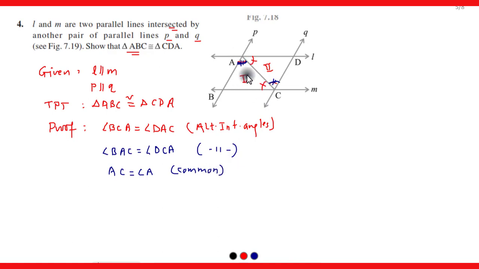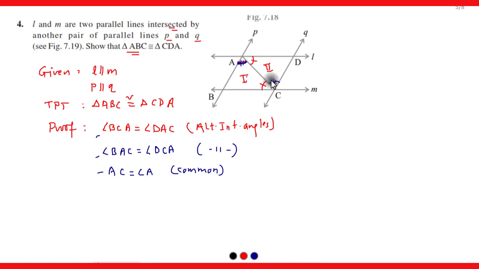This is the side of triangle 1 as well as triangle 2, and therefore AC and CA will be equal. So here we have proved that these three pairs of parts of these two triangles are equal, and therefore we can say that triangle ABC is congruent to triangle CDA.